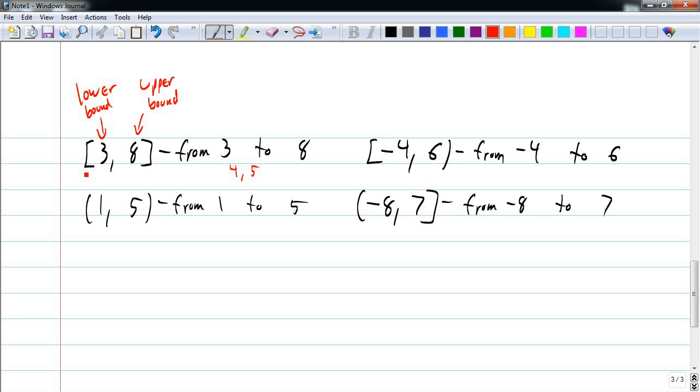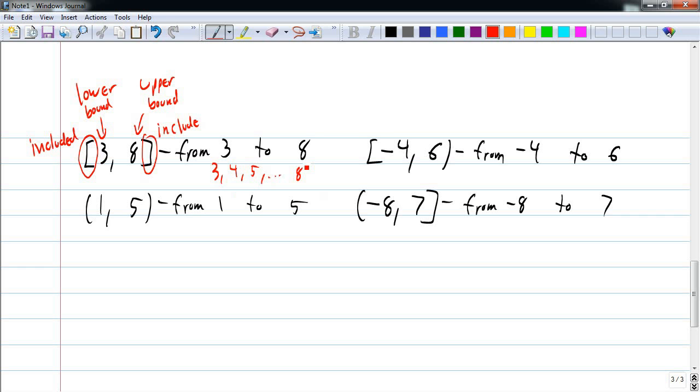Now, what's the business with these brackets and parentheses? If a bound has a bracket in front of it or after it, that means that the bound is included in the interval. So not only does this interval contain 4, 5, 6, and so on, it also contains 3 and 8.